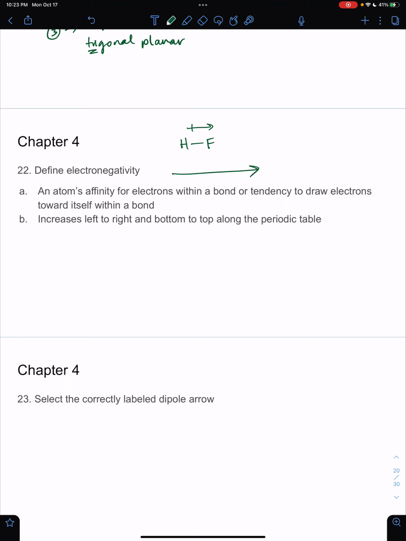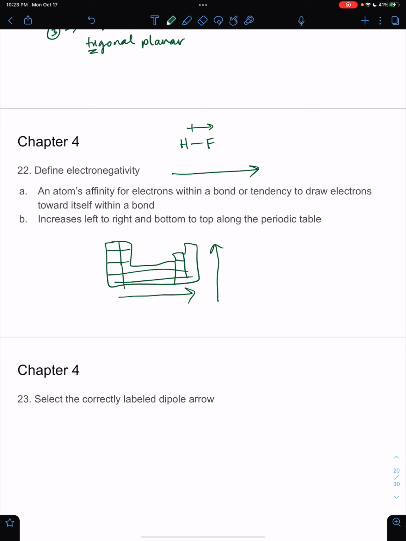So, yep, and then also increases left to right, increases bottom to top. This is a poorly drawn figure, but yeah, so it increases this way, increases this way.